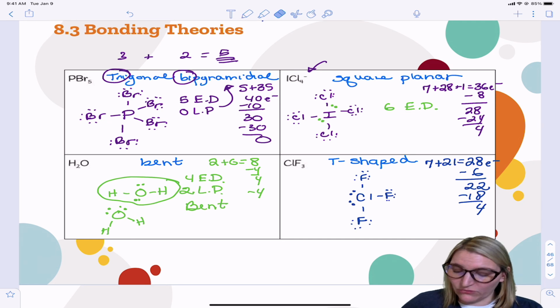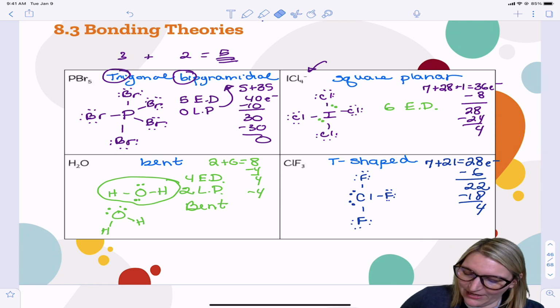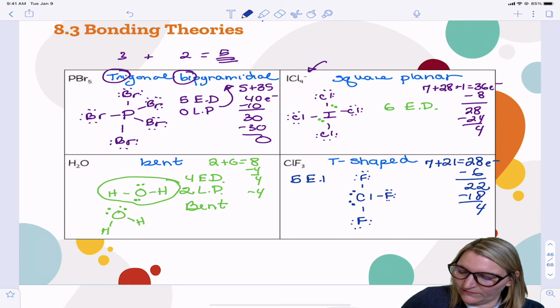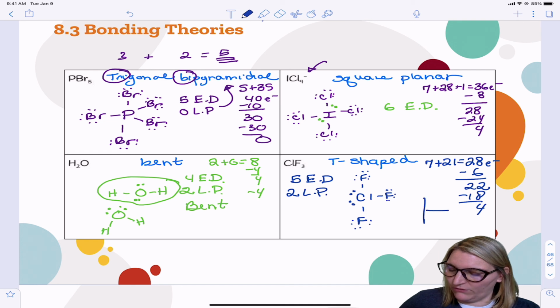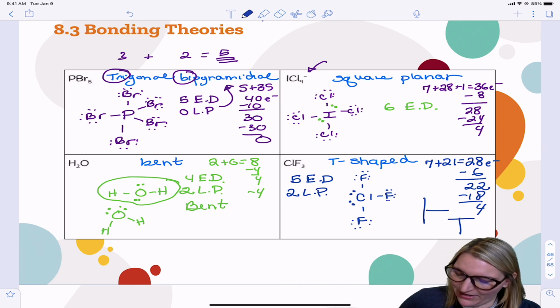So how many electron domains does this central atom have? The 3 bonds, the 2 lone pairs, it has 5 electron domains. But it has 2 lone pairs. So what is the name of this shape? It's called T-shaped. You can kind of see, sort of looks like a T. I'll turn it around that way. It's called T-shaped.